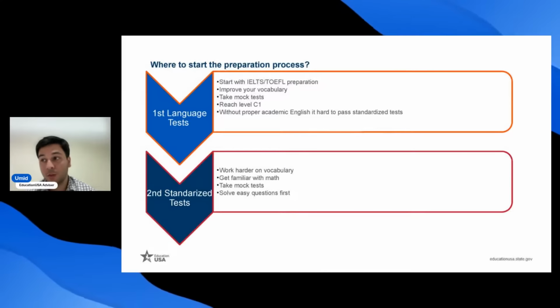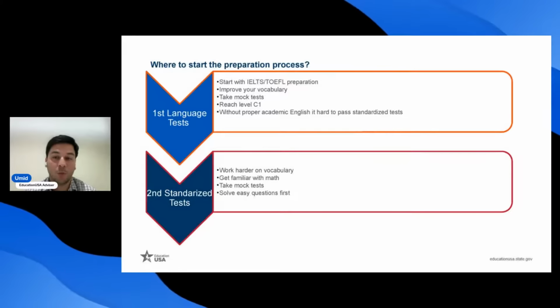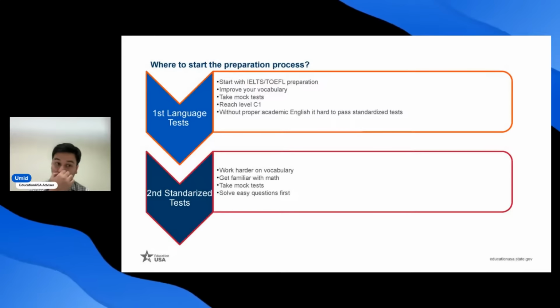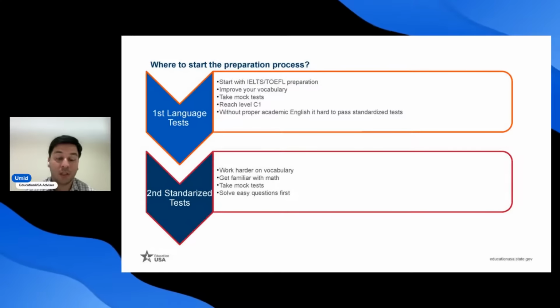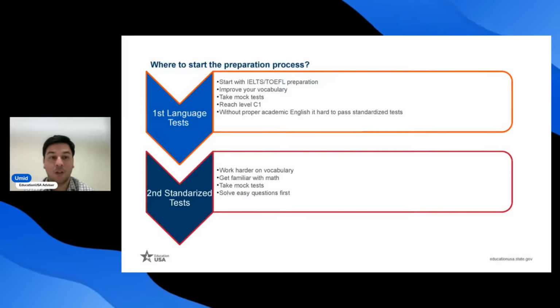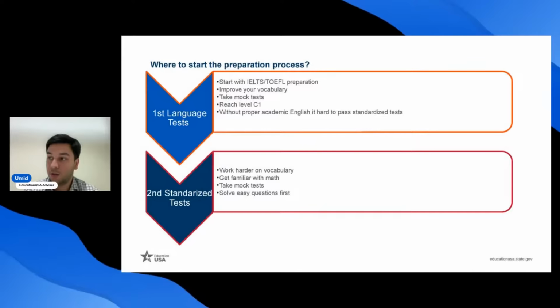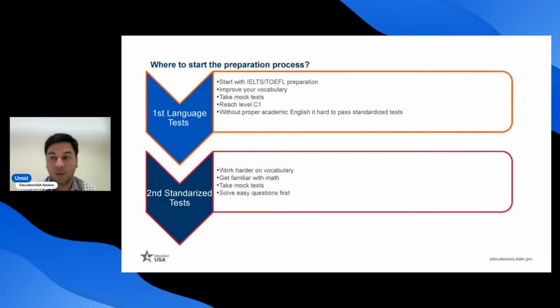Based on my experience, students with IELTS 7, which is C1 level, struggle to get high scores on standardized tests, because the language tests just make you understand what information you're going to learn at the university.